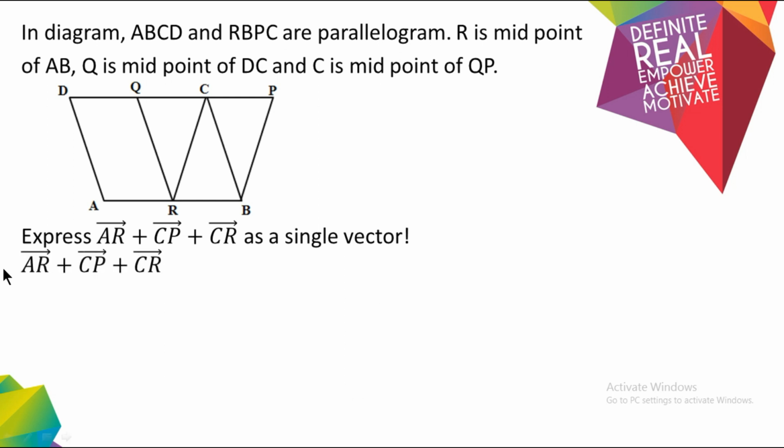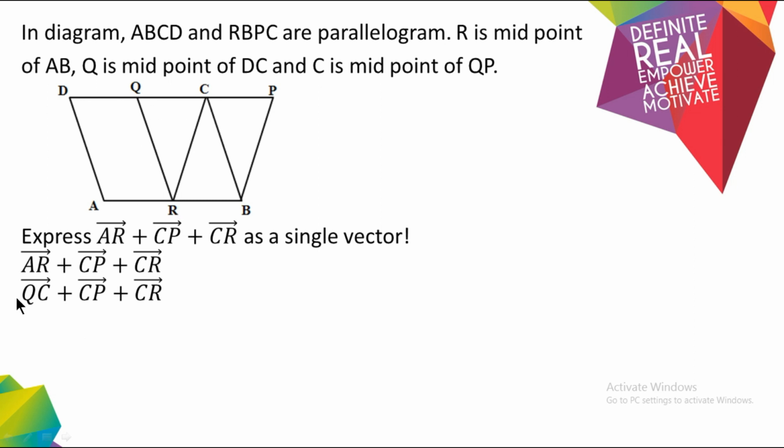So AR plus CP plus CR. We can substitute AR with QC because AR equals QC. They have the same magnitude as I told you before, and they have the same direction, AR and QC.